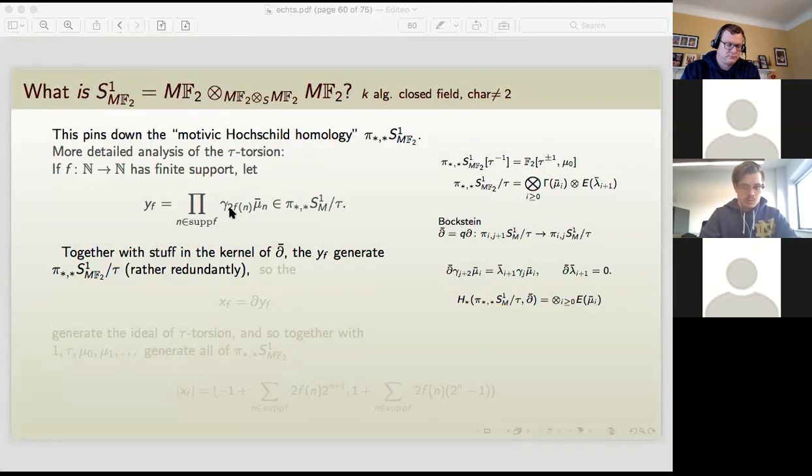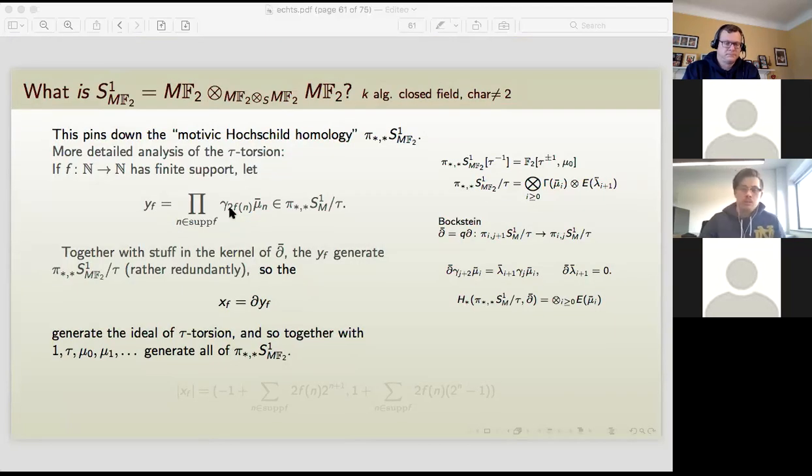But the good thing is that these fellows, together with stuff that I know that is in the kernel of the Bockstein, they all generate the mod tau Mackey topological Hochschild homology. Okay, so the Bockstein, of course, is not multiplicative. So I need to take some care. It's a derivation. I need to take some care how I generate things, and this is one way of going about it.